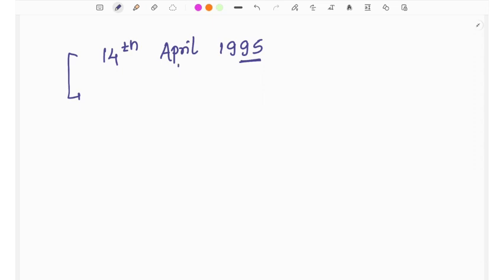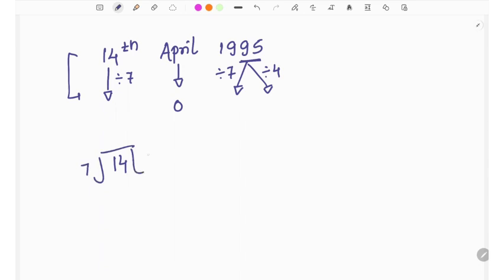The code for April is 0. Later on, simply divide 14 by 7 and consider the remainder, divide 95 by 7 and consider the remainder, and in the last step divide 95 by 4 and consider the quotient. When I divide 14 by 7, 14 is completely divisible by 7, 7 2s are 14, and we get a remainder of 0.